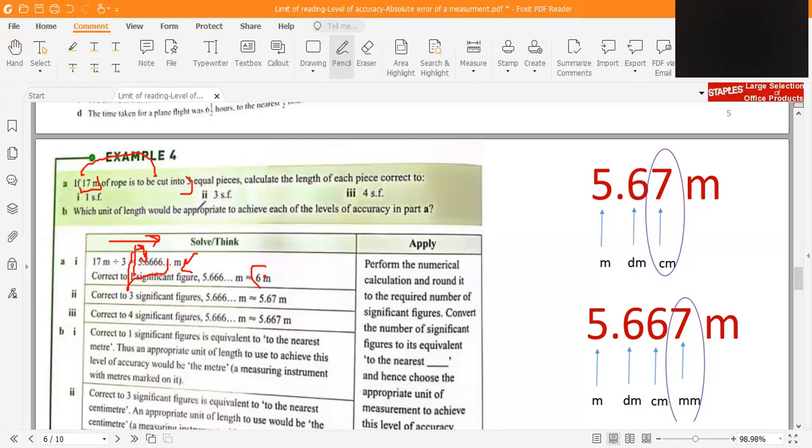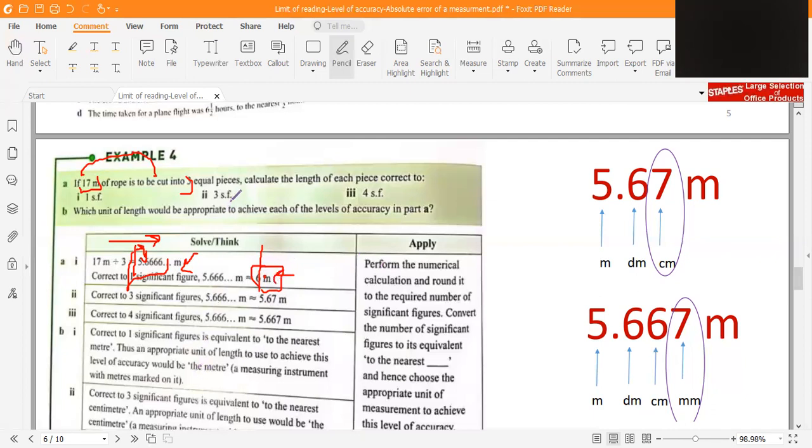Which unit of length would be appropriate to achieve each of the levels of accuracy? In this level of accuracy, we have 6. The last significant figure is located on the unit, and we have the meter as the measurement unit, so the meter is very appropriate here.